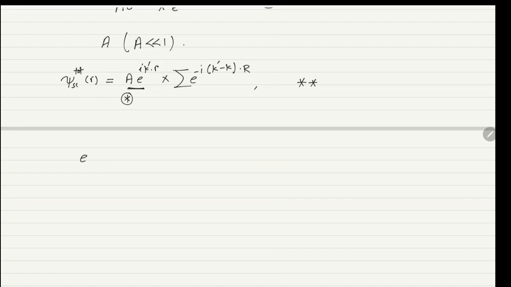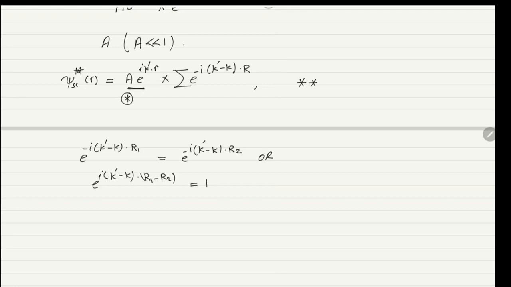Now let's start with the second factor, e to the minus i (k prime minus k) dot R1 equal to e to the minus i (k prime minus k) dot R2, or e to the i (k prime minus k) dot (R1 minus R2).